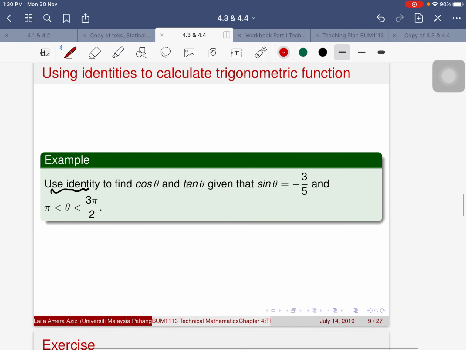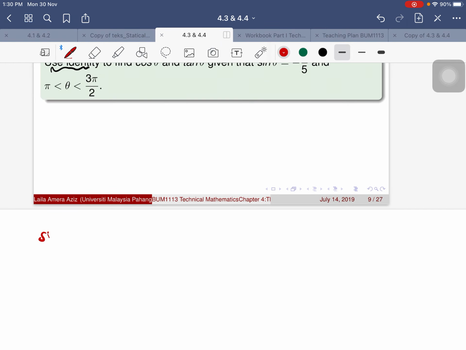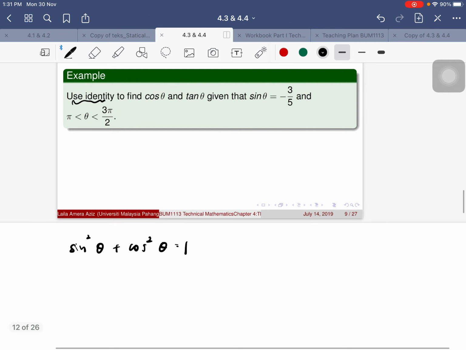So let's get back to here, and let's add a page. I'm going to use the fact that sine square theta plus cos square theta equals 1. We've been given that sine theta equals -3/5, and let me rearrange the equation a little bit.